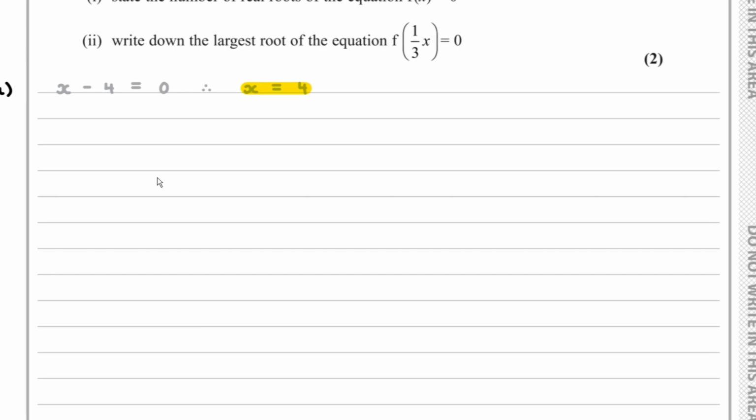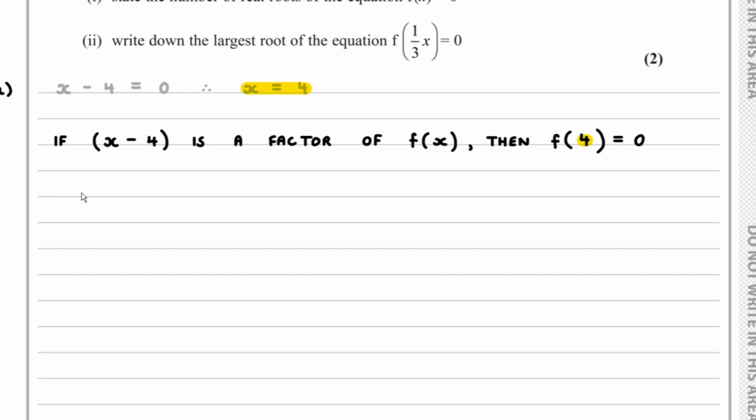Now, if x subtract 4 is a factor of f of x, then f of 4 will equal 0. Substituting 4 into f of x, we find f of 4 is equal to 2 multiplied by 4 cubed subtract 3a multiplied by 4 squared plus b multiplied by 4 plus 8a.